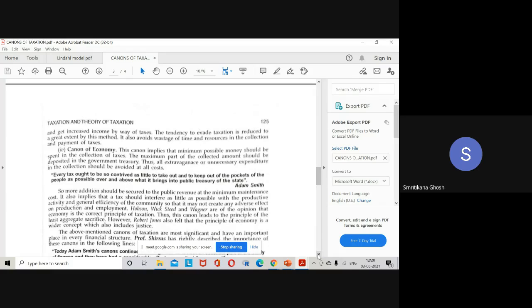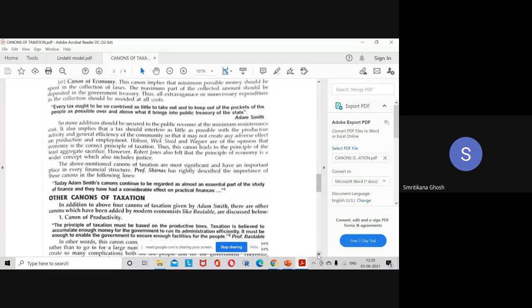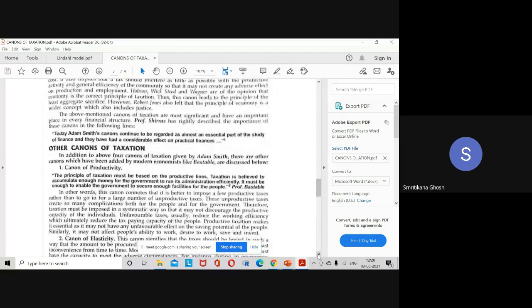Otherwise, it may be like this: you are going to collect 100 rupees by spending 110 rupees. Your total spending may be 110 rupees and you are earning only 100 rupees as tax. So it should not be like this. So the collection of tax, this is also important, how you are spending to collect the tax.